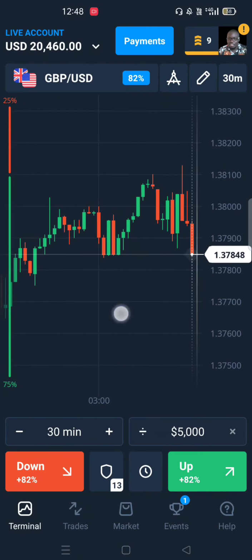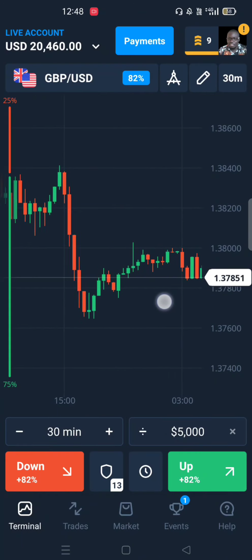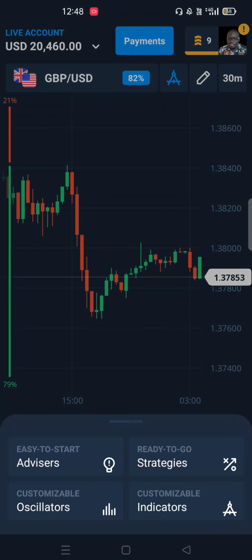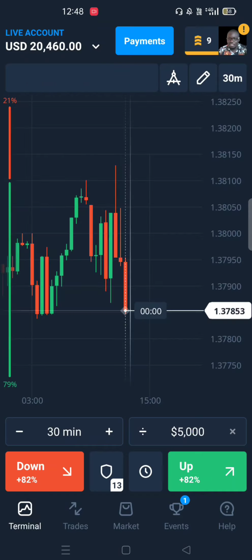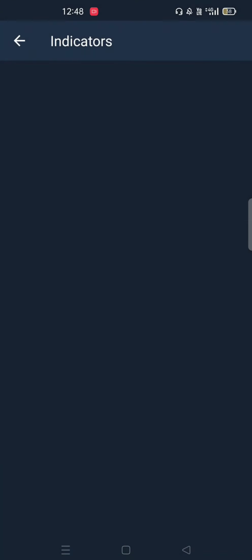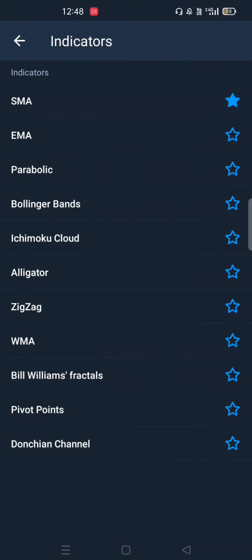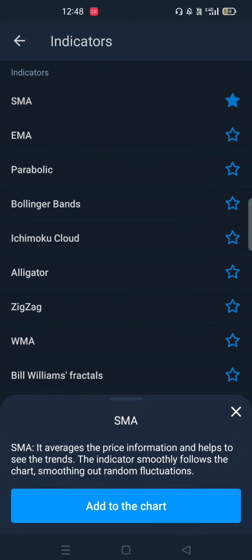So what are some of the best indicators that you can use to trade in Olymp? Some of the best indicators are found here. If you are on the mobile platform, just click on this indicator tool and click on indicators at the bottom right.